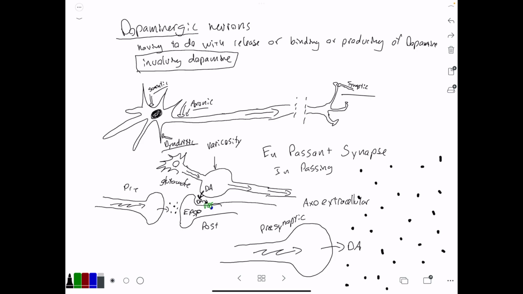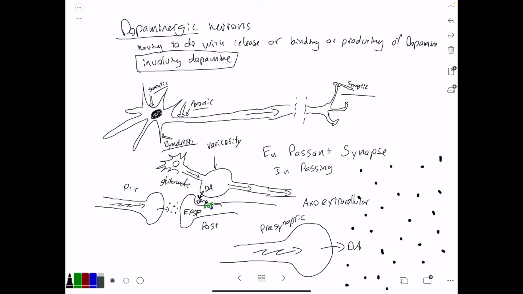So, two pretty cool additions to how neurotransmitters can be released. And as we're about ready to see in the next section, we're going to get into the neuroanatomy and talk about exactly where those specific areas are in the brain, the dopaminergic pathways.